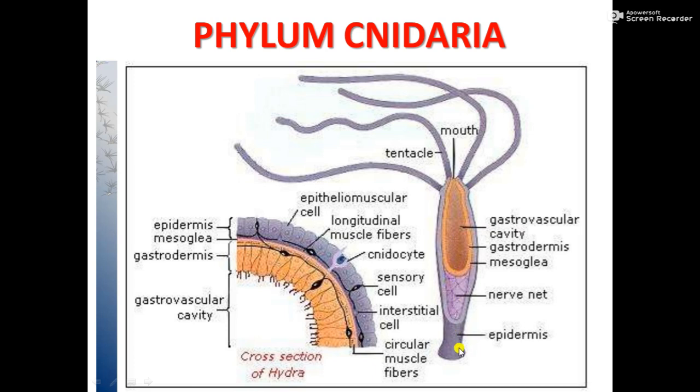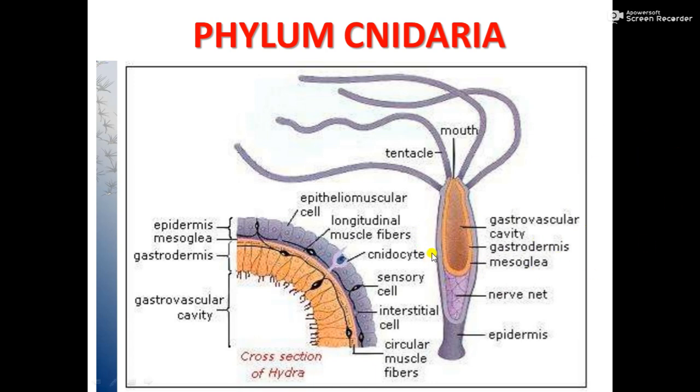The outer layer of cells is called the epidermis, and the inner layer is called the gastrodermis, and in between there is the mesoglea. In Porifera we called it mesohyl. So these are the body layers and the cavity.